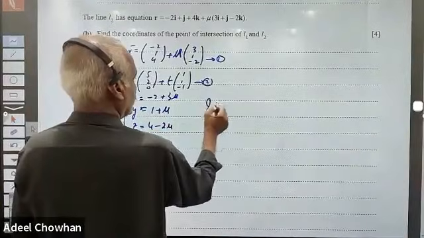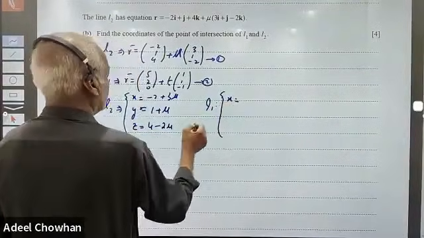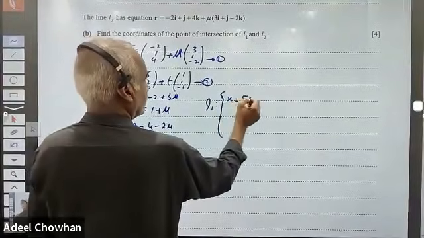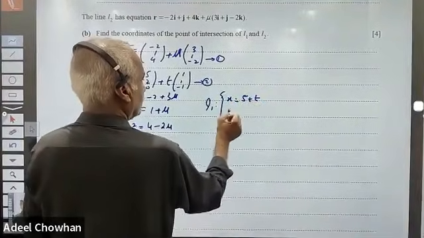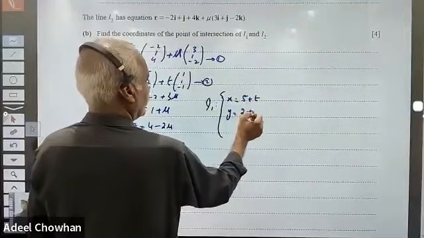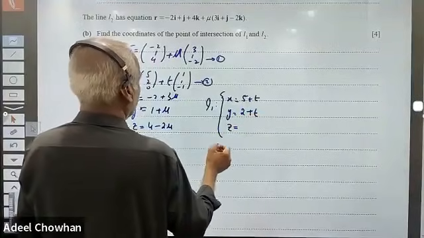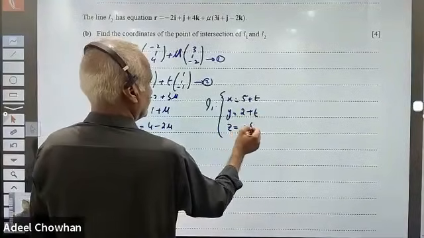The line L1 is having x is equal to 5 plus t, y is equal to 2 plus t, and z is equal to minus t.